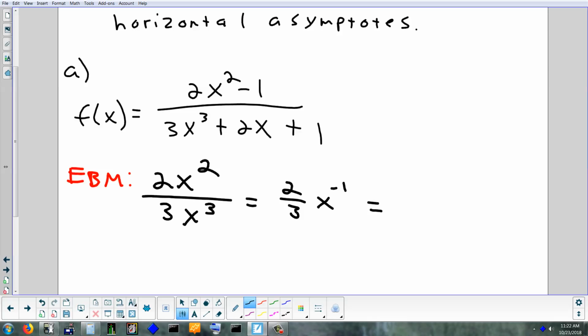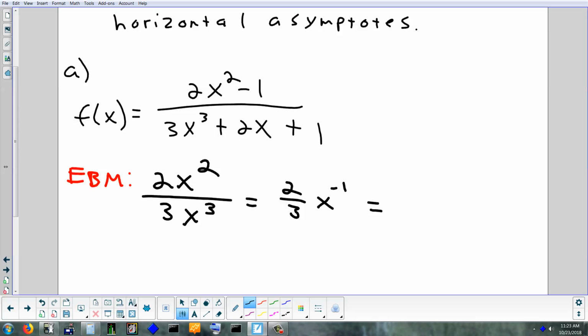Think of our fraction. Denominator, right?